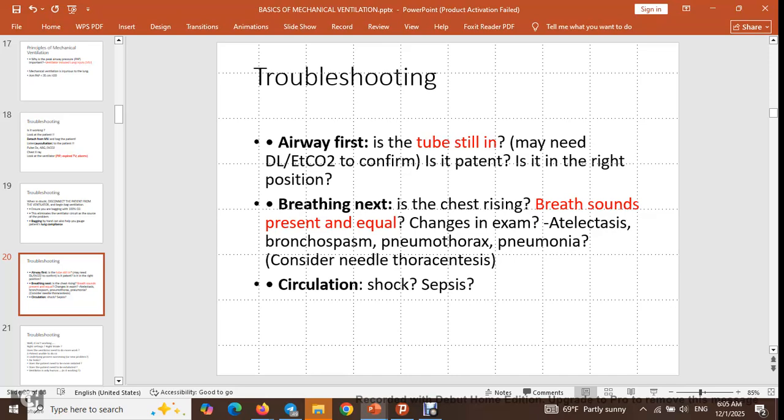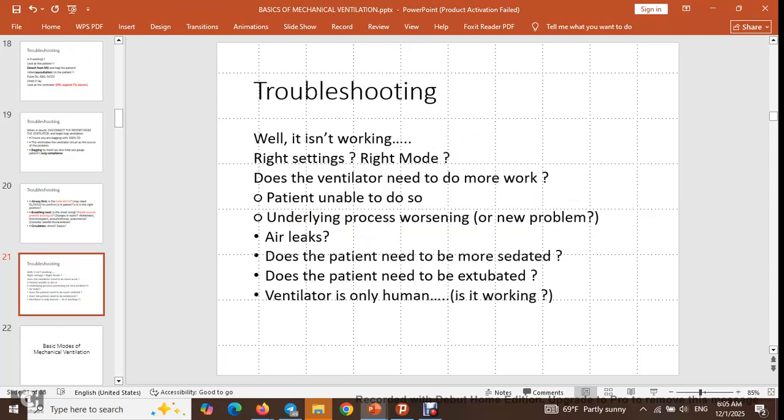Then, does the ventilator need to do more work? The patient may be unable to do so, the underlying process may be worsening, or there may be a new problem, for example, if the patient has ARDS. Is there any air leak? Does the patient need to be more sedated?